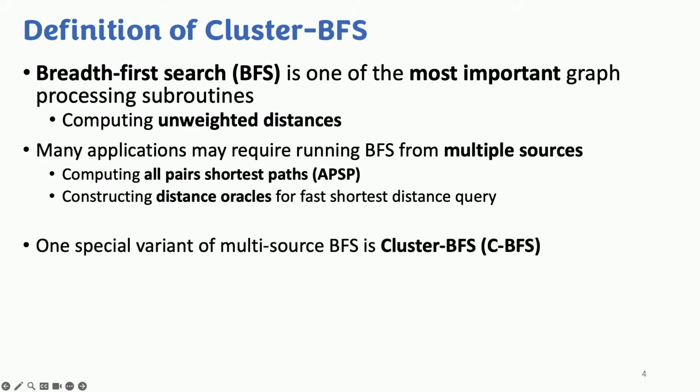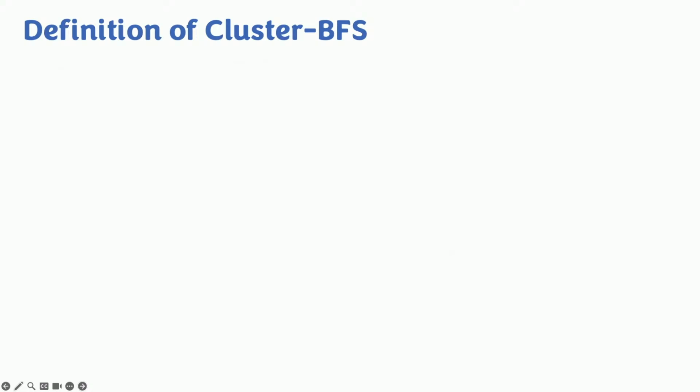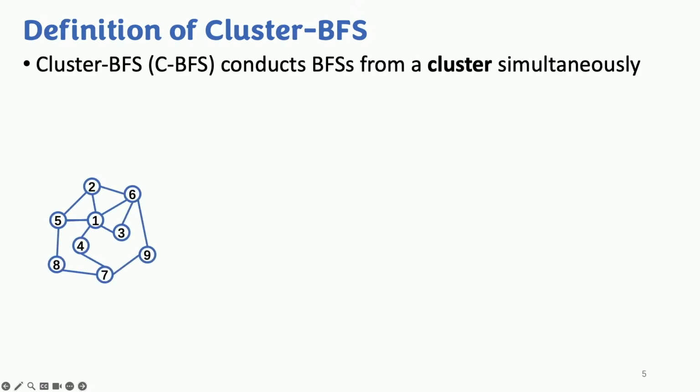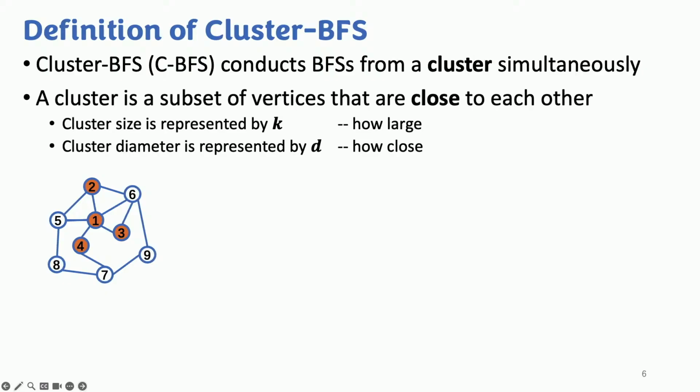A special variant of multi-source BFS is Cluster-BFS, which is short for CBFS. As the name suggests, Cluster-BFS conducts BFS from a cluster simultaneously. So what's a cluster? A cluster is a subset of vertices that are close to each other.